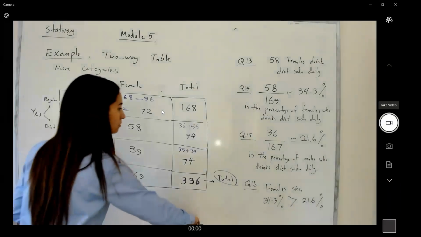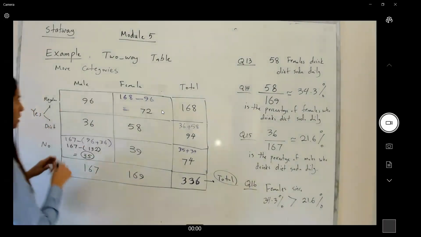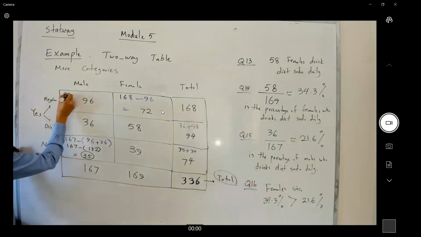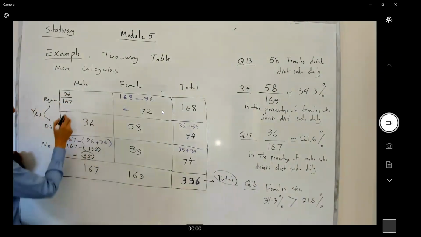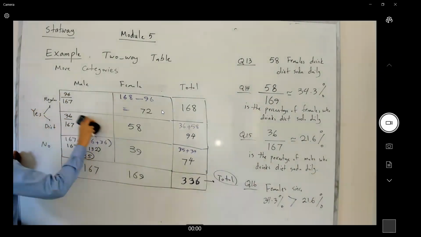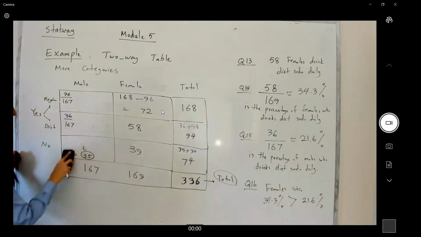So now we have to do a little bit of division. 96 divided by 167, because we want to find the percentages. 36 divided by 167, and 35 divided by 167.